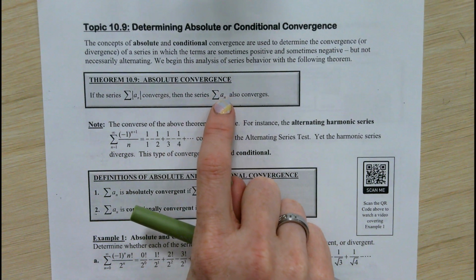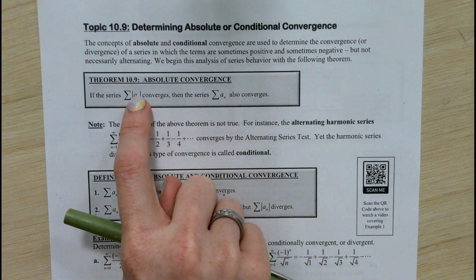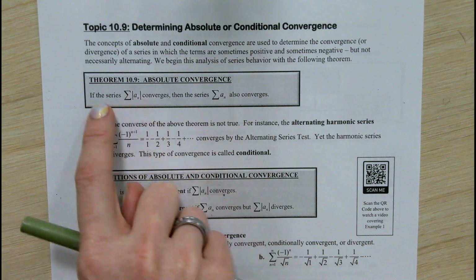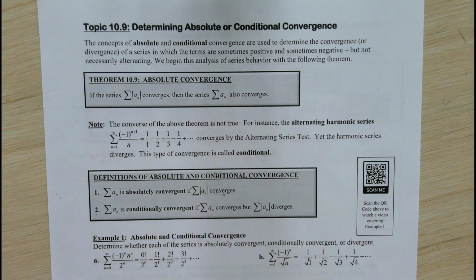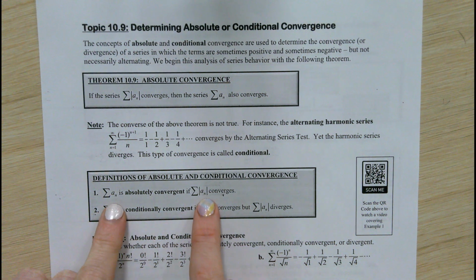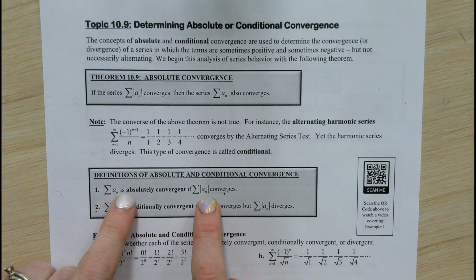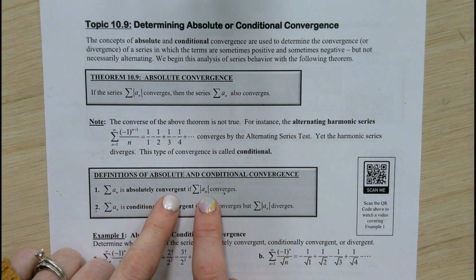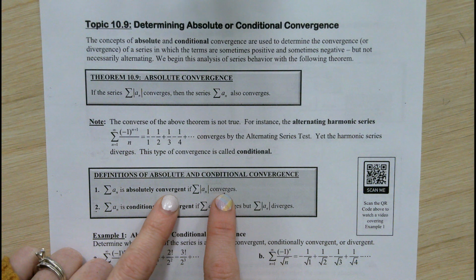Just because a series converges doesn't mean the absolute value of the series will. So make sure you get this in the right order. If the absolute value of the series converges, then we know that the series converges, and we call it absolute convergence in that case. You'll see this down here. The series a sub n is absolutely convergent if its absolute values converge.